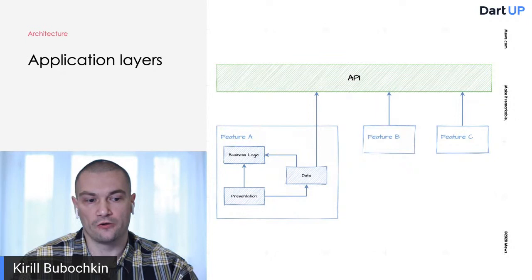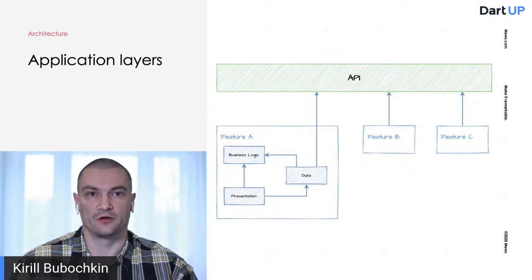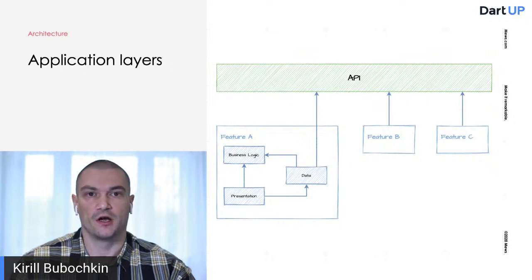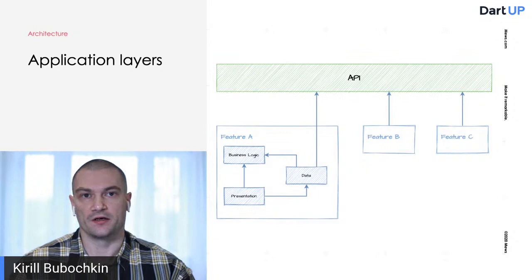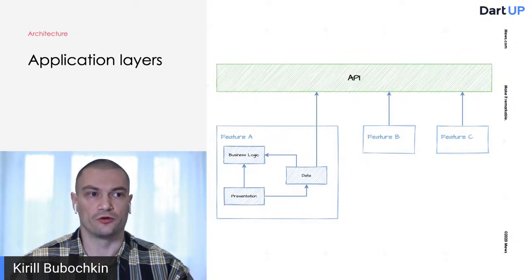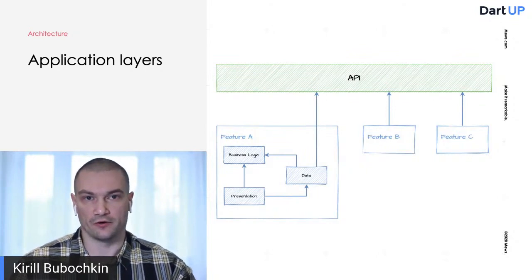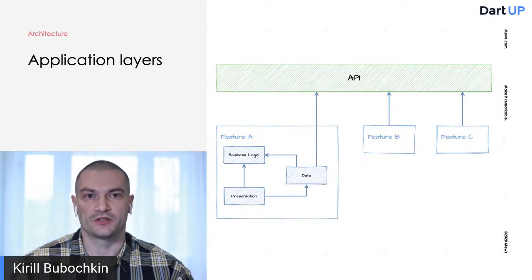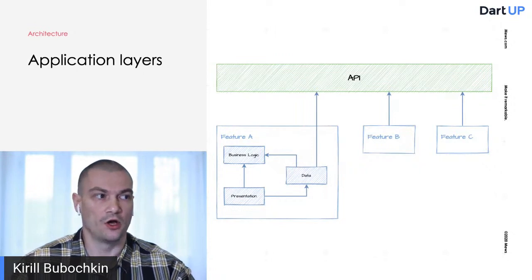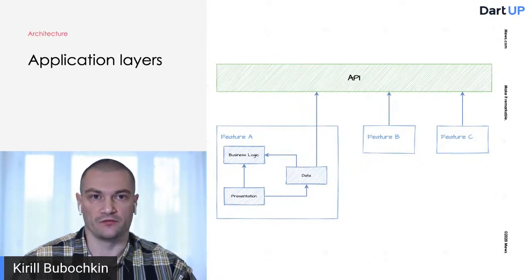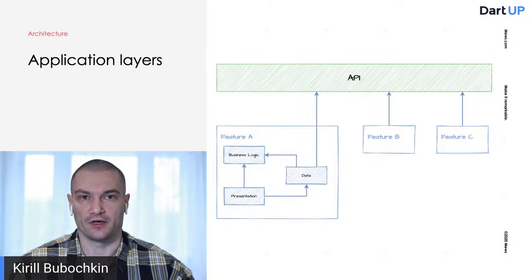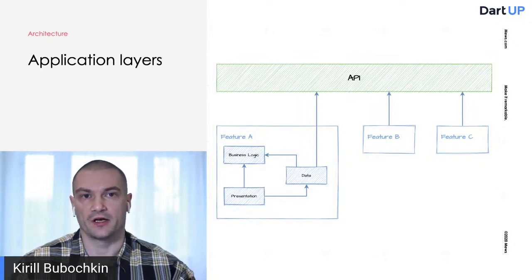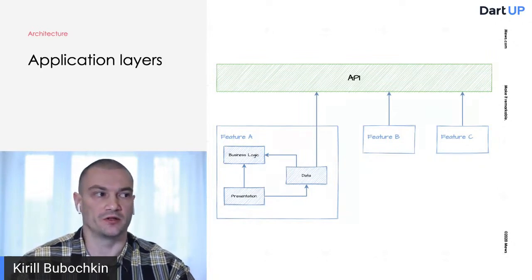And all the other functionality is divided into a horizontal set of features, where each feature can be viewed as a separate standalone module with some rather complete functionality, and it communicates with other features as little as possible. So for us, one feature can be, for example, task management, another can be messaging system, another can be like profile management.